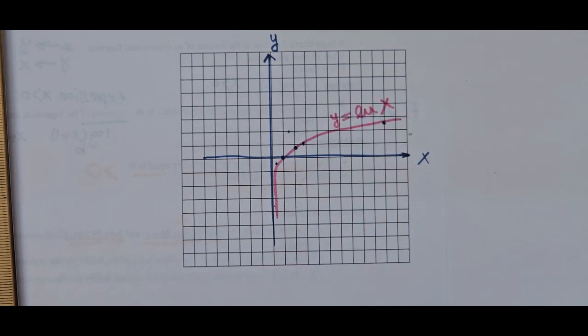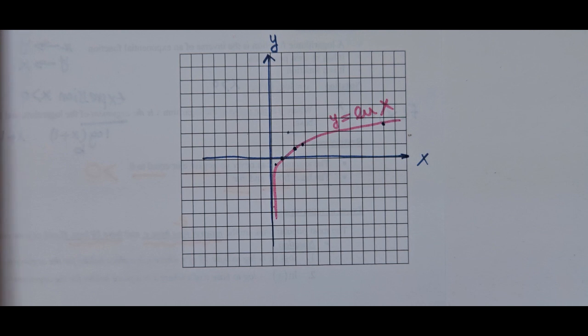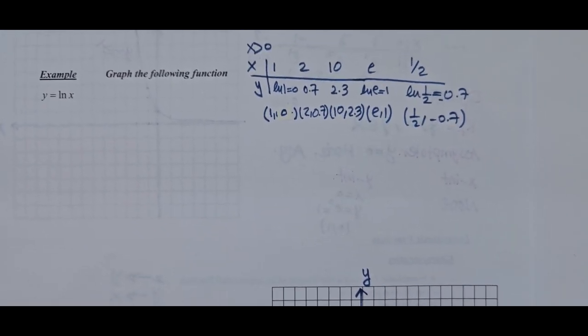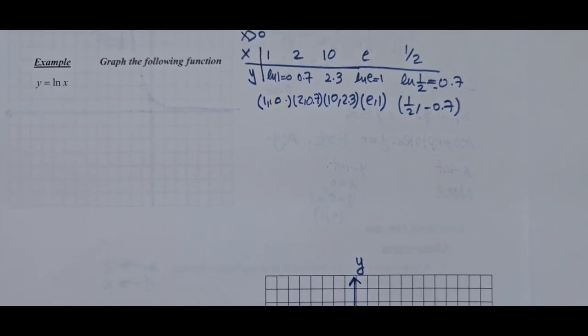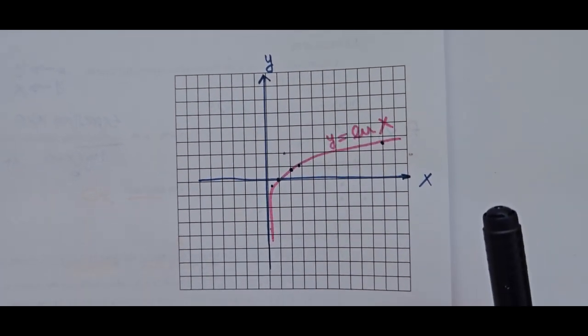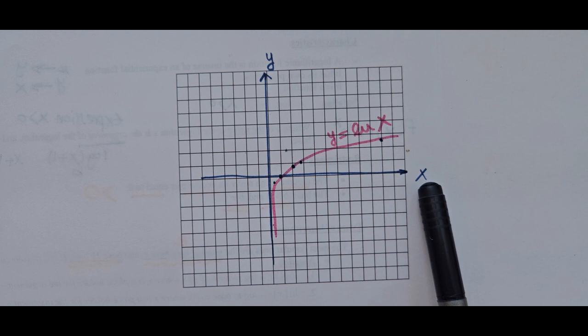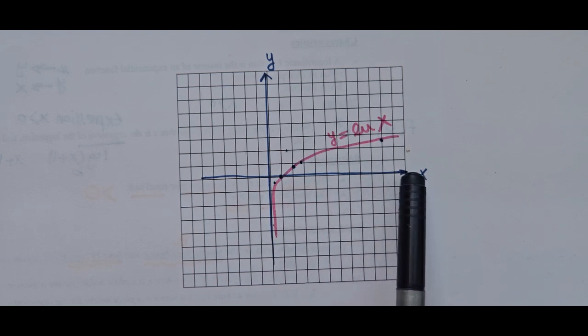Now you can visually see how it looks. Now let's talk about the domain, the range, and other properties. Remember guys, the domain is all the values of x that your function can take.